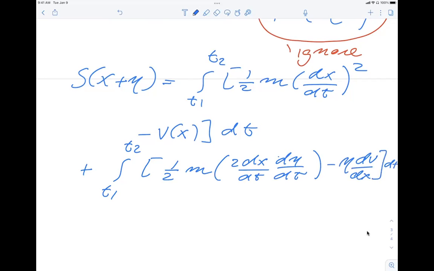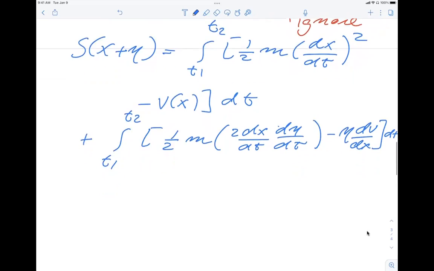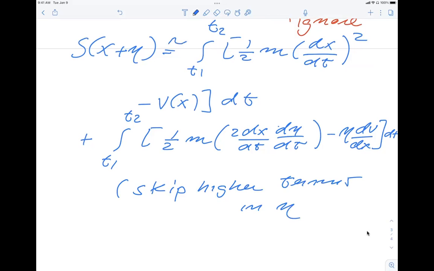This is multiplied with dt. So this is S of x, and then we skip higher order terms in eta. So we should in principle put an approximation sign here.